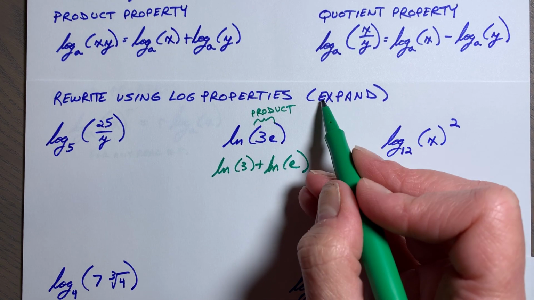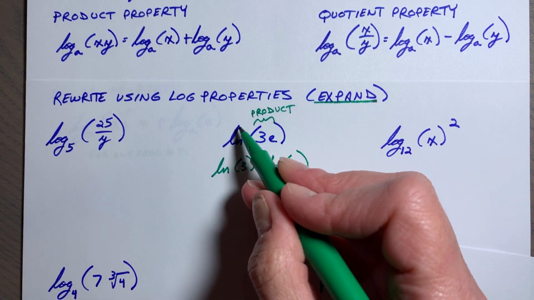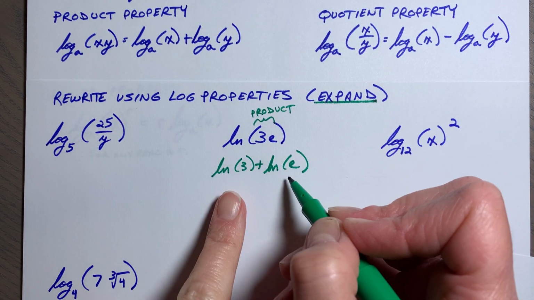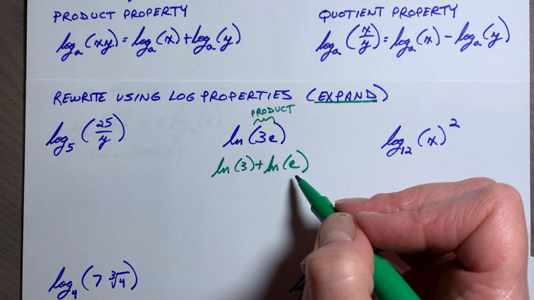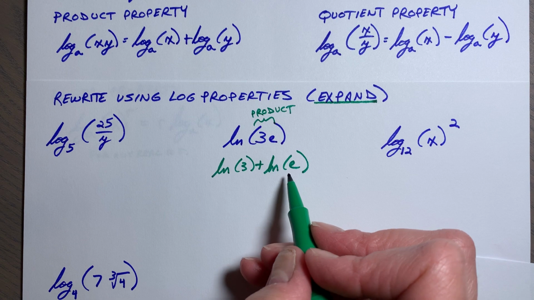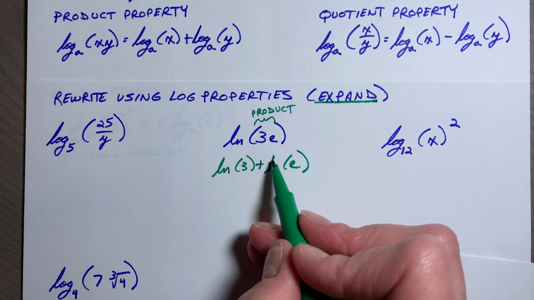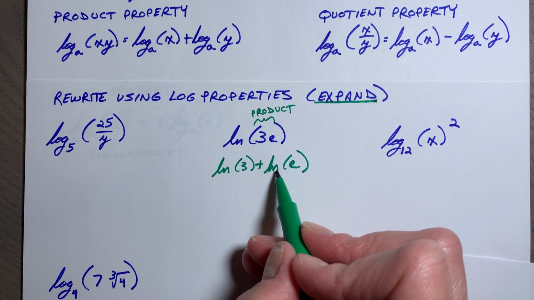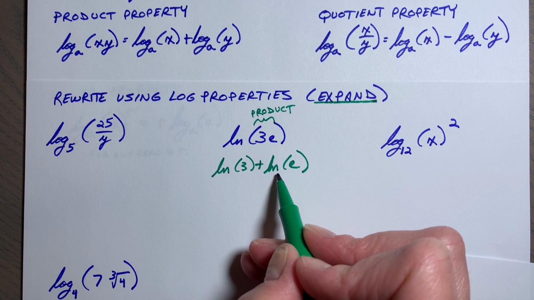Now I would call this expanding this expression. We went from a single log expression to the sum of 2. That feels like we're making it bigger, right? We're expanding that. Now, as you do these, I always want you to simplify if possible. So right here, I have the natural log of e. This is a base e.